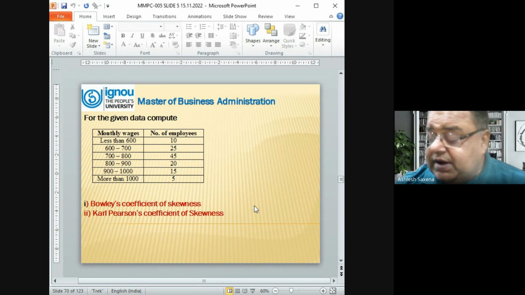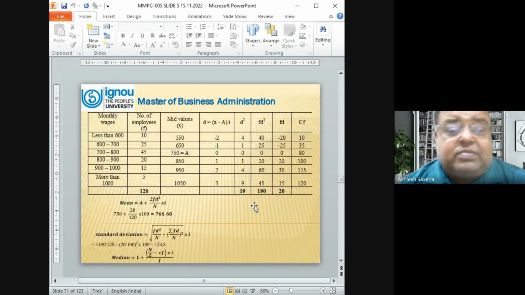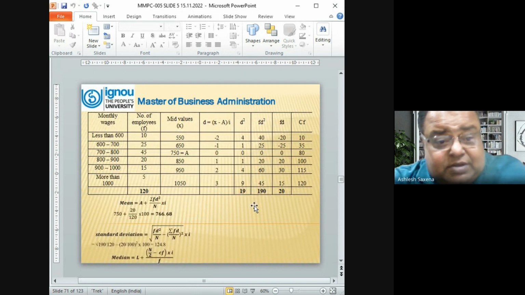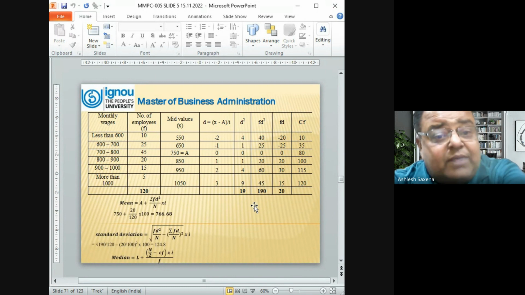This data is given to you. In that you have to calculate mean, median, standard deviation, everything. Since you have seen that frequency is too large, we have to apply the formula d is equal to x minus a, into f d. First of all, you have to calculate the mid values.